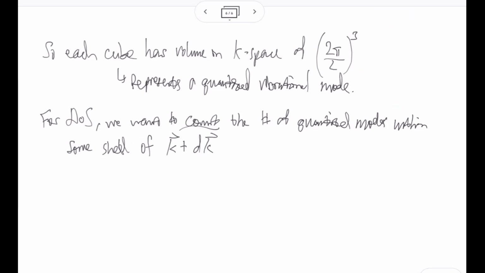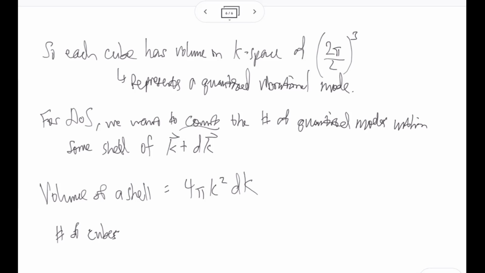So if I think about the volume of a shell, this is going to be equal to 4 pi k squared dk, right? Simple things that we learned from calculus. So the number of cubes per volume of shell can be written as the volume of shell divided by the volume of points.